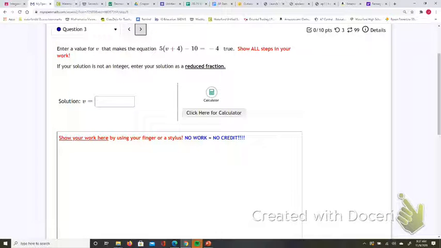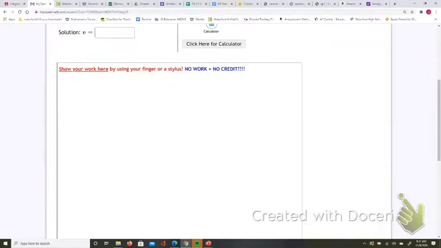Okay, the first step is to write down the problem. So we have 5 parenthesis, v plus 4, close parenthesis, minus 10 equals negative 4.